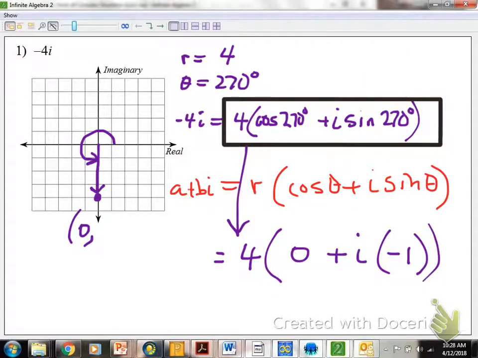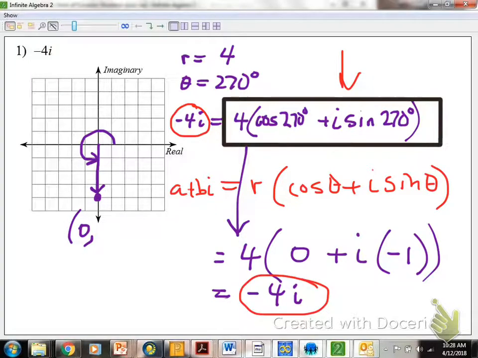And what do we get if we multiply that together? Negative 4i. So this confirms that we started with negative 4i, we changed it to polar form, and if you evaluate the polar form, you get negative 4i. That confirms that the polar form we did is correct.